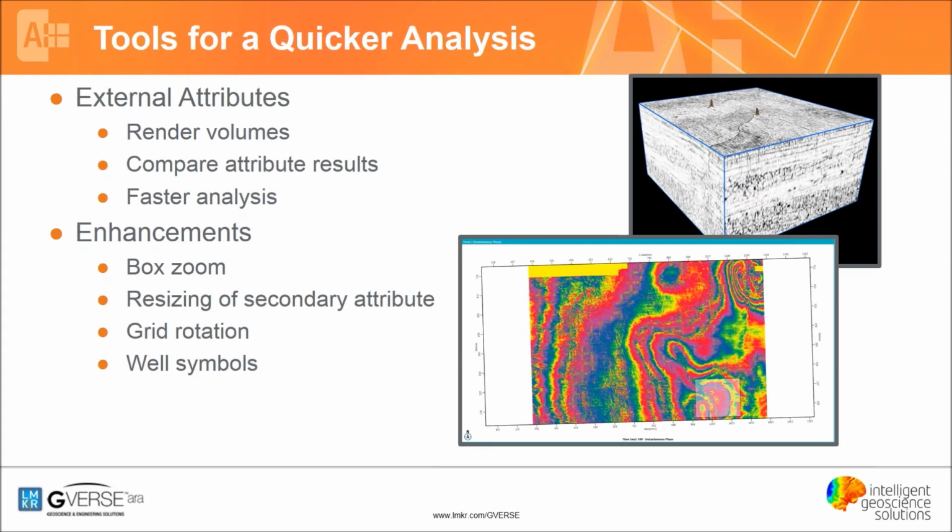So that second or two it takes to compute that attribute, you don't have to waste that either. And then we have other enhancements as well, like the ability to choose an area to zoom into, resizing the secondary attribute, which I showed you as well, changing the orientation of your time slices, and support for well symbols.